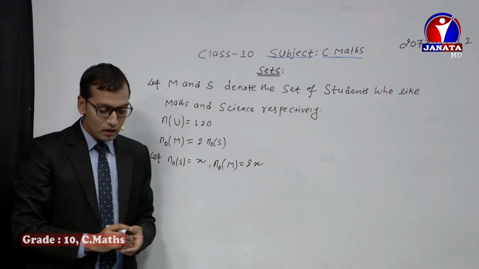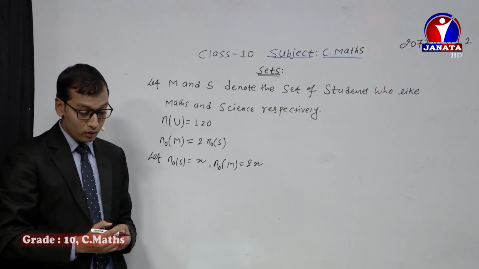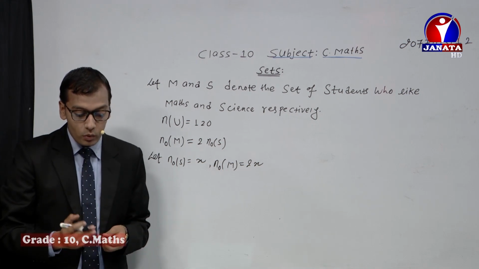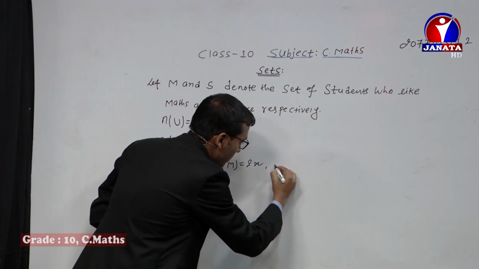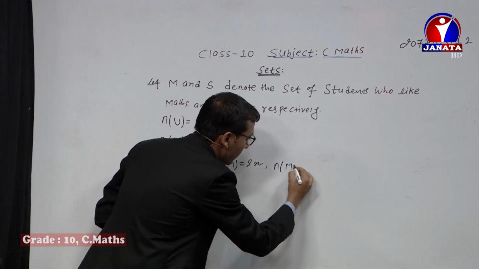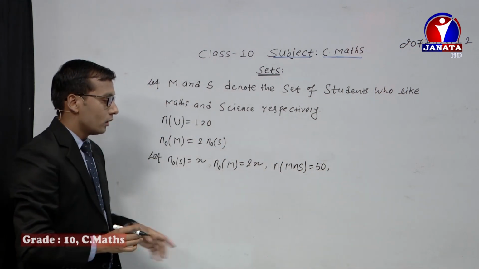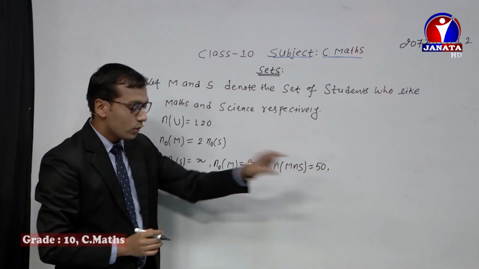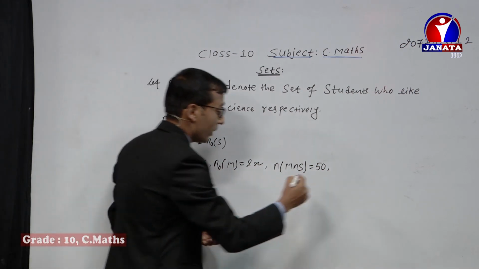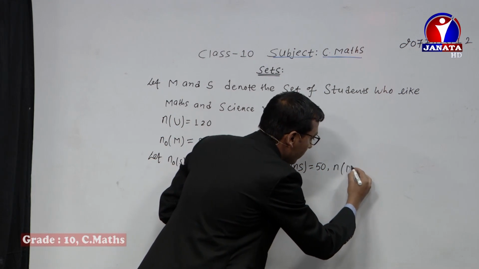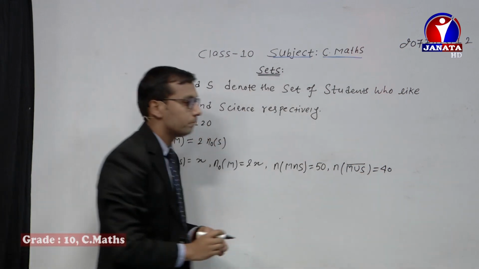Let me write the other information given in the question. 50 students passed in both subjects, which is the intersection, so n of math intersection science is 50. And 40 students failed in both subjects, so that is the complement: n of (M union S) complement is 40.